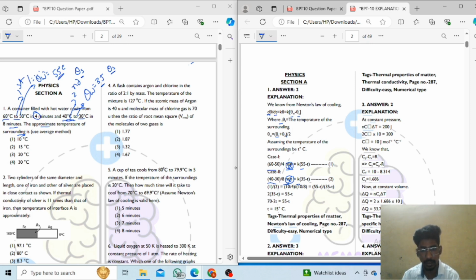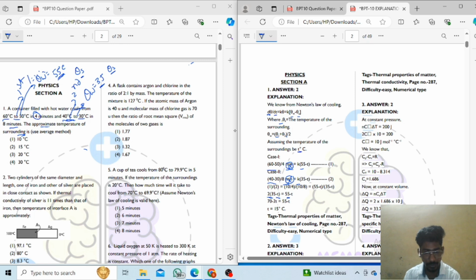On the right side, theta w is here 55 degree, and here theta w is 35 degree. So it will become 55 minus theta s, which we take as t. So 55 minus t, here it will become 35 minus t. So 2 equals (55 minus t) by (35 minus t). Cross multiplication gives 2 into (35 minus t) equals 55 minus t.